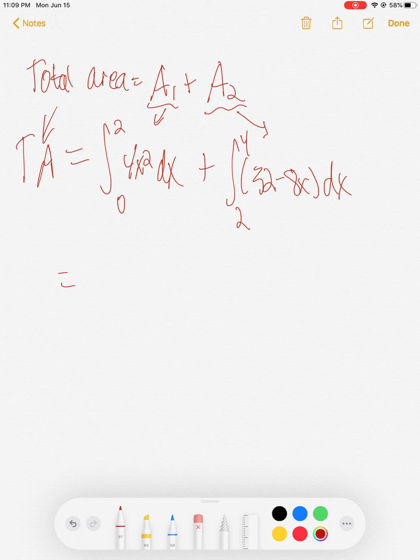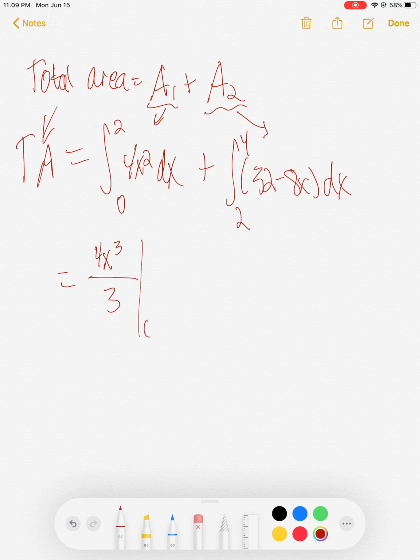This is A1 right here. Plus, now we're going to want to integrate the other part, which goes from x equals 2 to x equals 4, and that is 32 minus 8x dx. All right, so this is A2 over here.